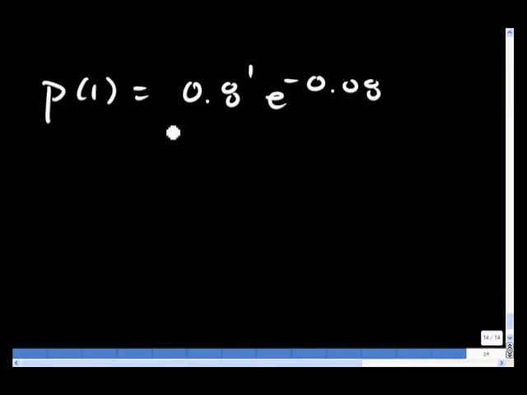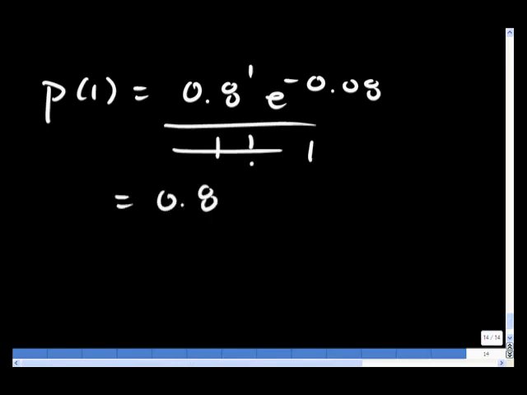P of 1 becomes mu, 0.8 to the first power, e to the minus 0.8th power, over 1 factorial. The value of 1 factorial is 1, so this becomes simply 0.8 to the first power, or 0.8, times e to the minus 0.8 power.